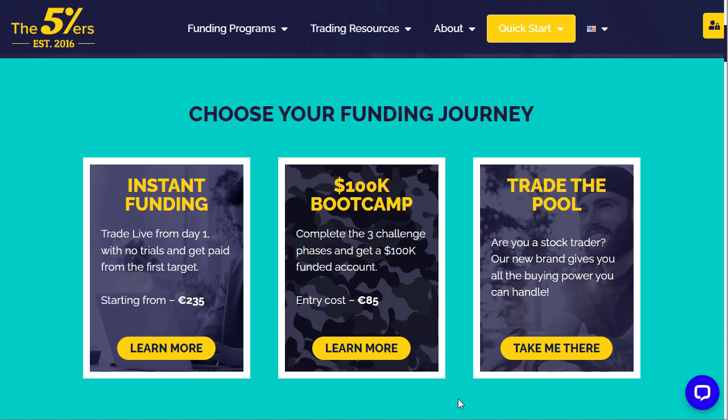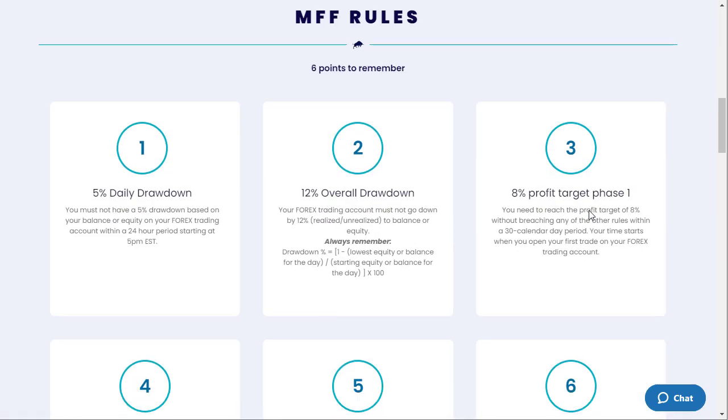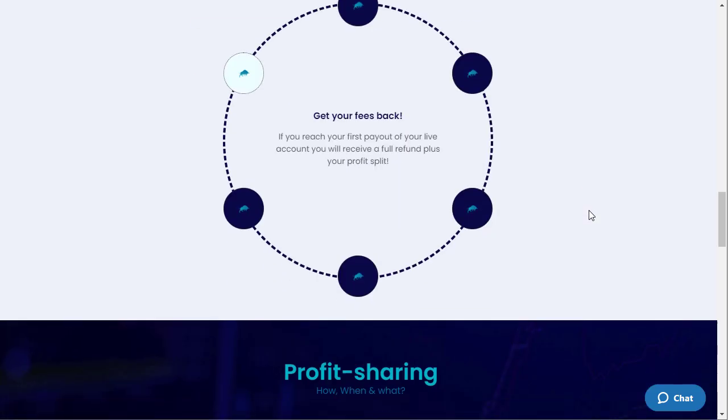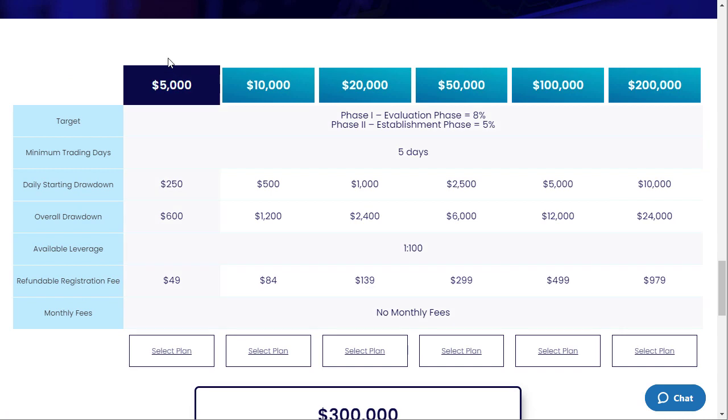Now, the second option with the funded route is going with My Forex Funds. My Forex Funds also offers evaluation accounts, actually two evaluation accounts, which are less than $100. The first is their $5,000 challenge, which only costs $49. And the second is their $10,000 challenge, which only costs $84.